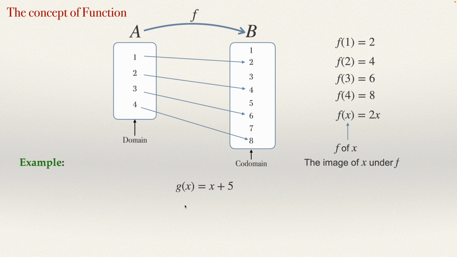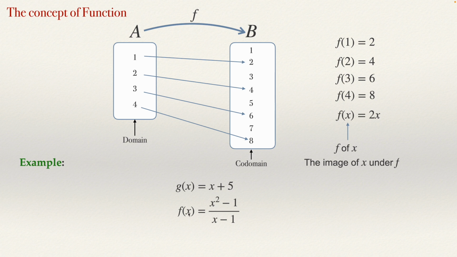In other cases, like this, f of x equal x squared minus 1 over x minus 1, we are saying that the image of x under the function f is achieved by raising x, the number, to the power 2, subtracting 1, and then at the denominator typing the same number minus 1.